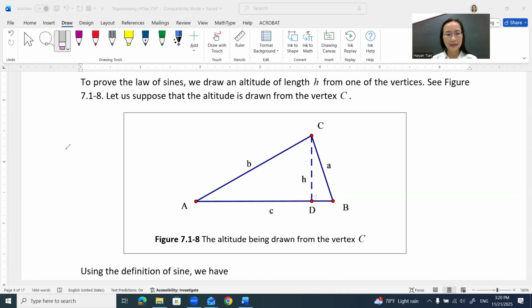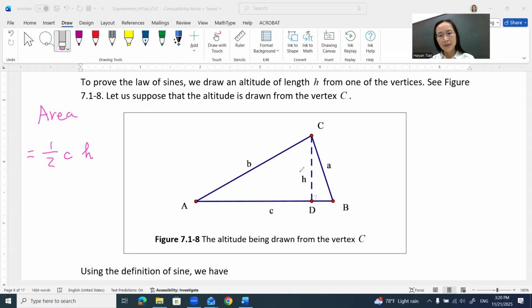So then we can use c and the height: base times height divided by 2. That's the area of the triangle. So we can calculate the area of this triangle using base times height divided by 2.